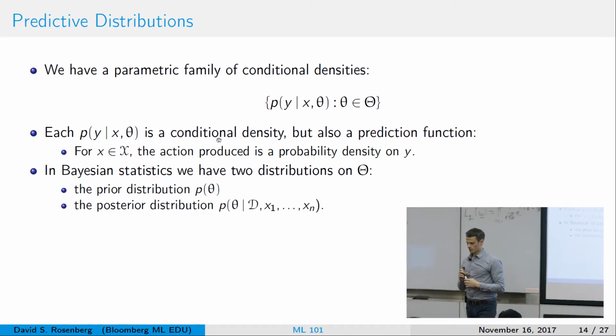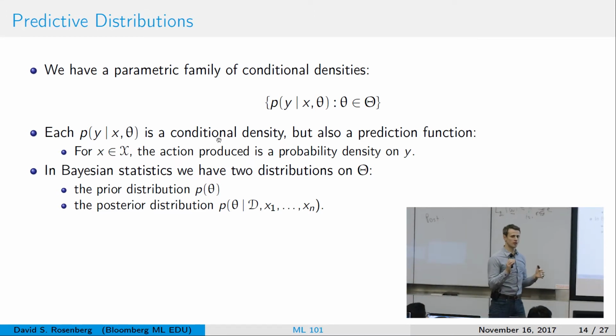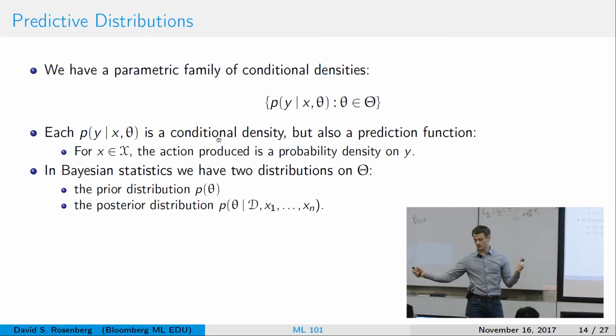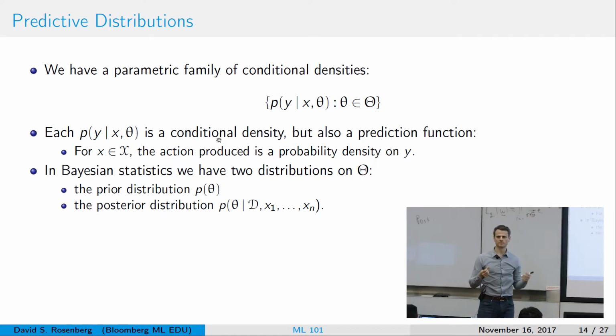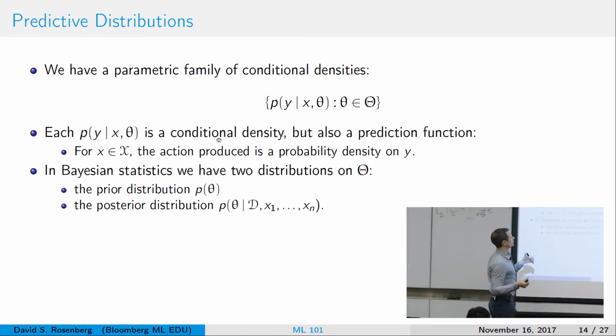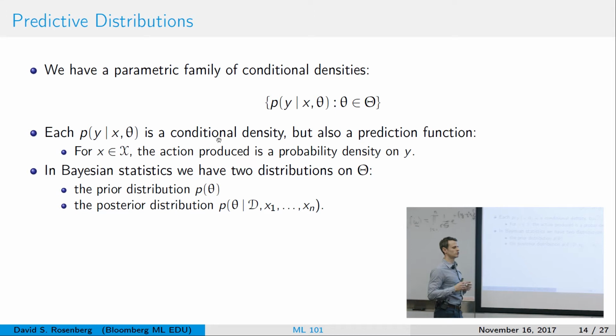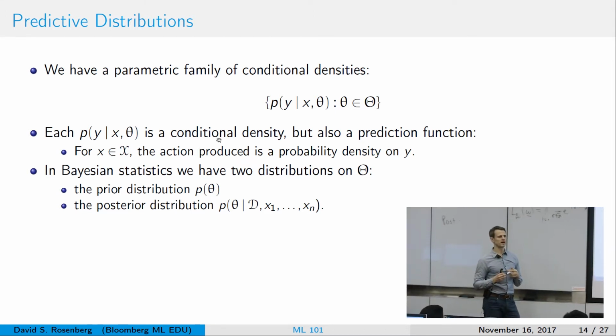And what this amounts to is a distribution on prediction functions, because every theta corresponds to a prediction function, and a prediction function here, for any input x, gives us a distribution on y. So we have a distribution on theta, which induces a distribution on prediction functions.